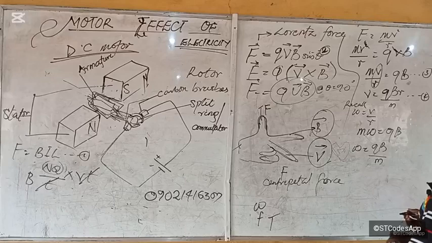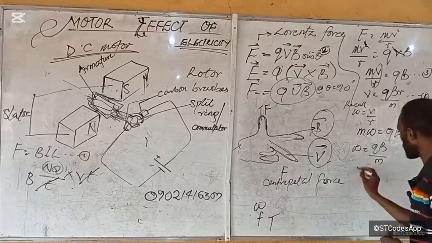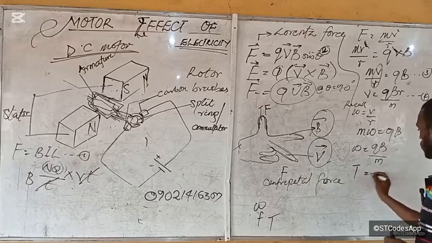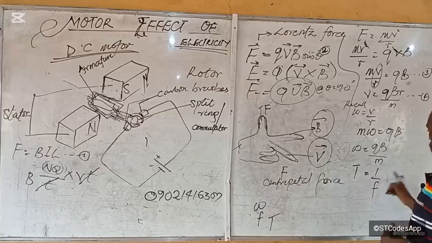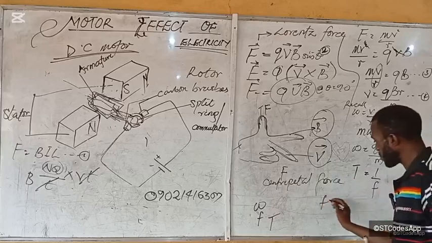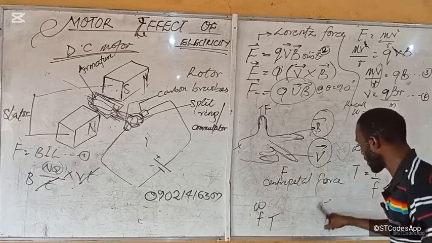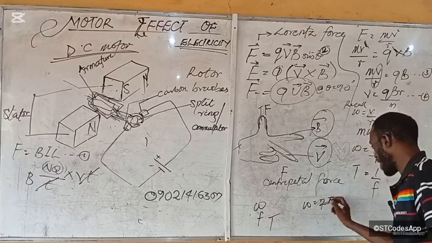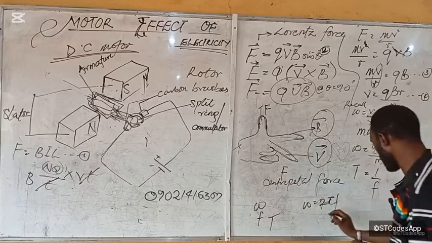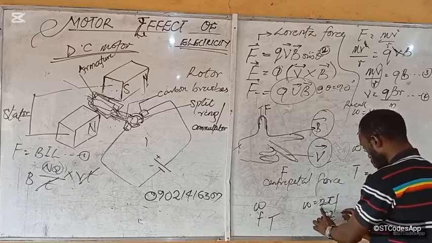Also remember that period is going to be 1 over f. If period is 1 over f, remember that omega also is 2 pi f, right? If this is the case, then f will be equal to what?